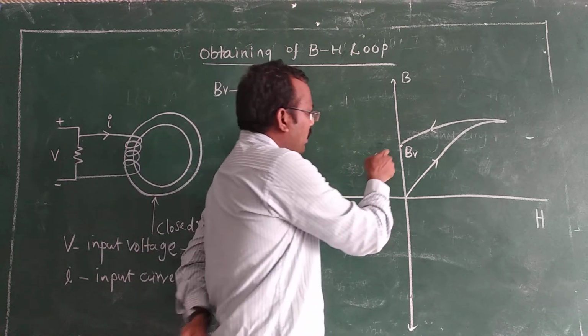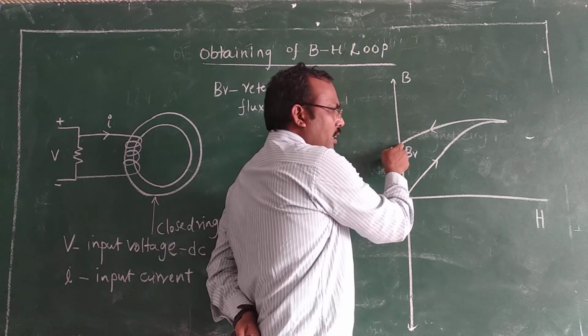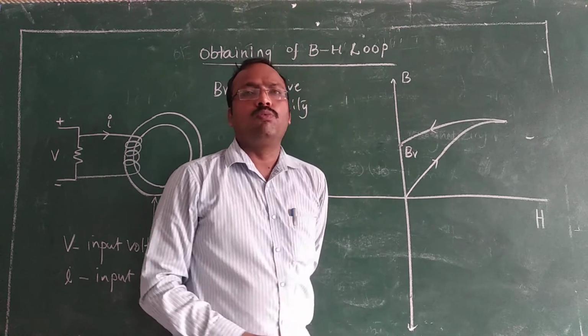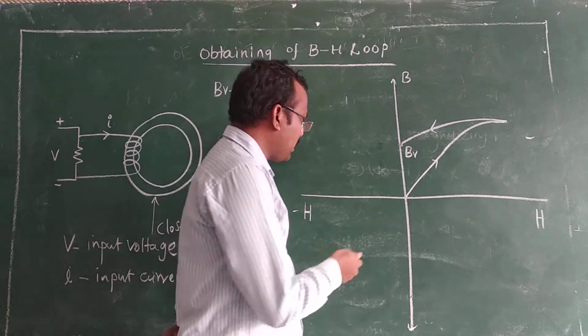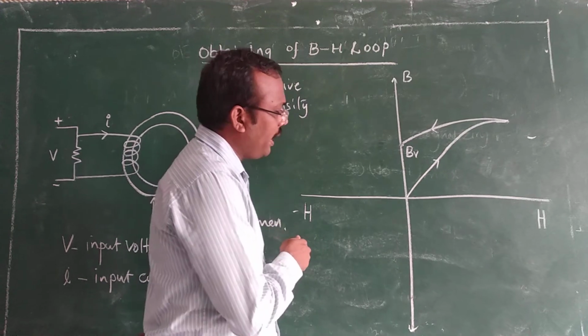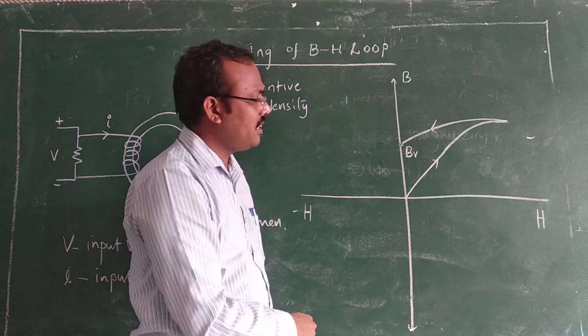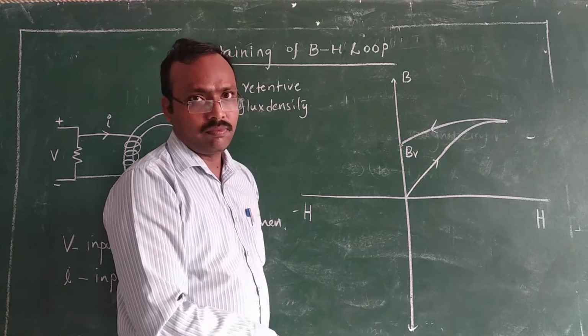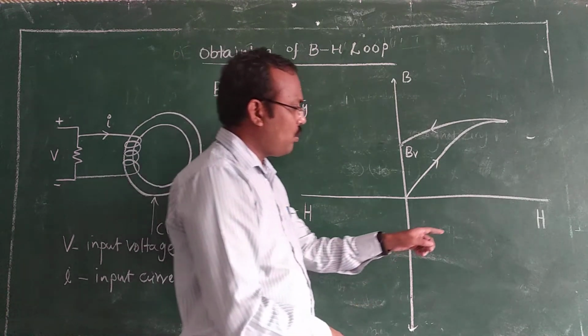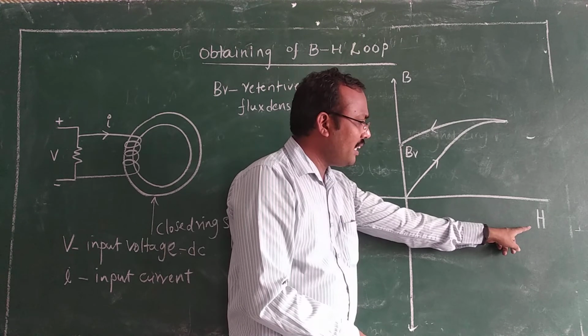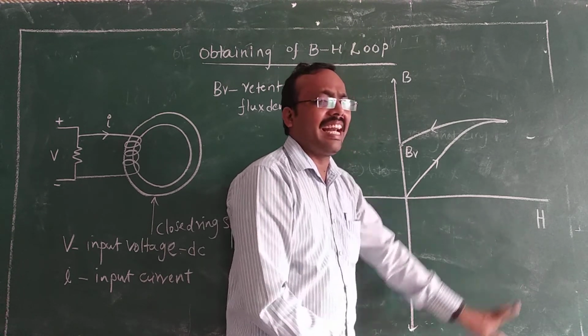Now to reduce this flux density to zero, we make H in the reverse direction, that is, in the reverse direction of the current.